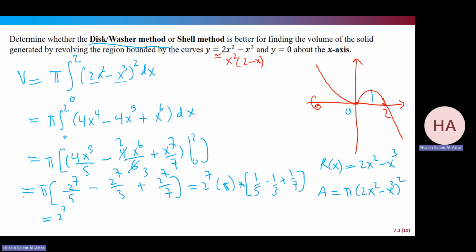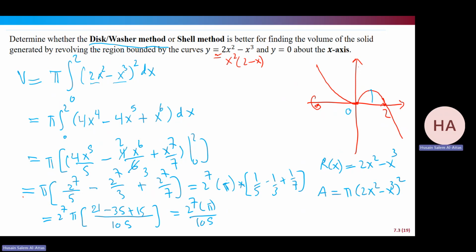So I have 2 to the power 7 times pi times what? This is 15 times 7, which is 105. That's the common denominator. Over 5 is 3 times 7, which is 21. Over 3, which is 5 times 7, which is 35. Over 7 is 15. So that gives me 2 to the power 7 times pi over 105.